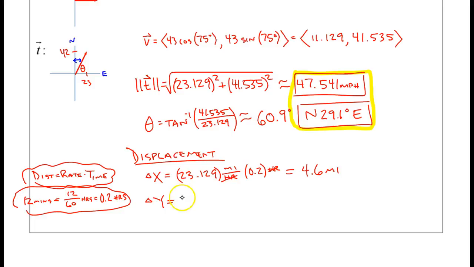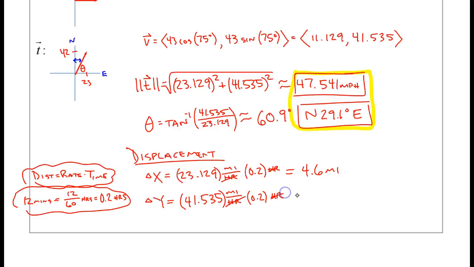My displacement in the y direction, or change in position in the y direction, is going to be 41.535 miles per hour, and that's the vertical component of my velocity, multiplied by 0.2 hours.